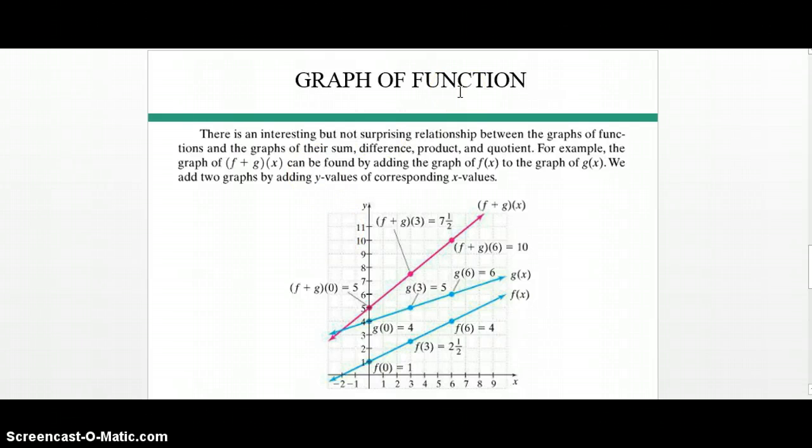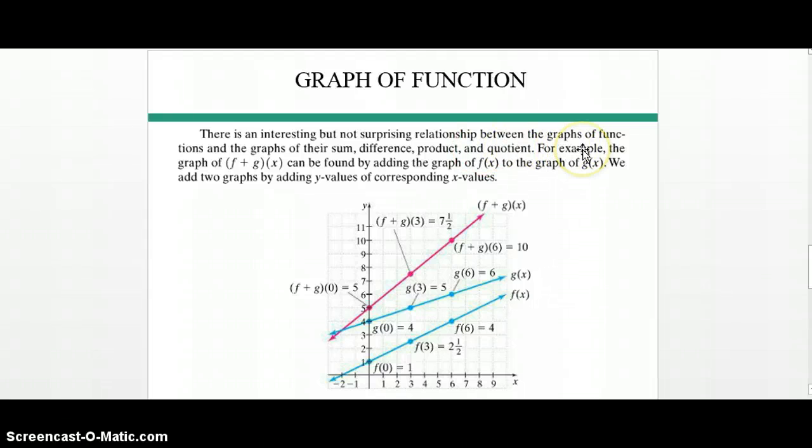Graph of function. There is an interesting but not surprising relationship between the graphs of functions and the graphs of their sum, difference, product, and quotient.